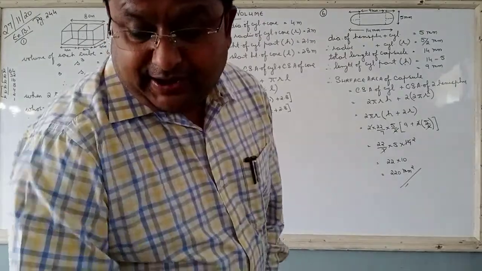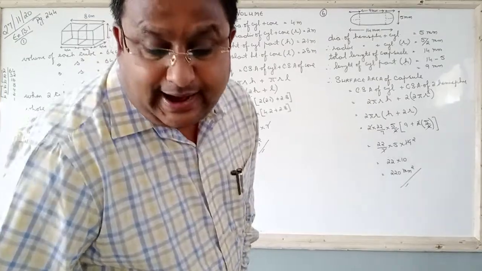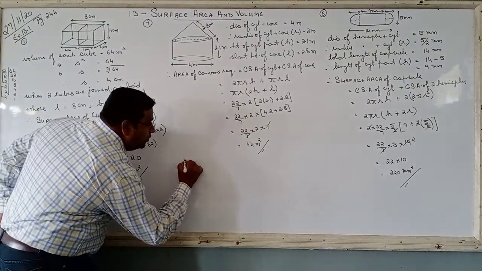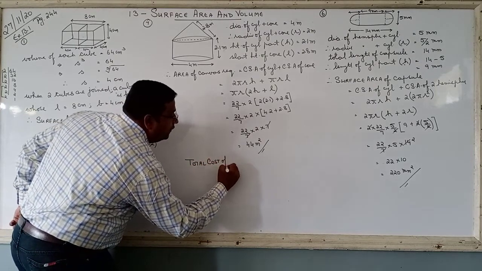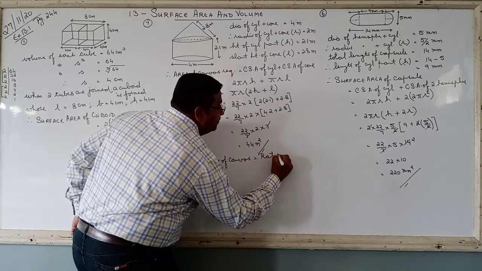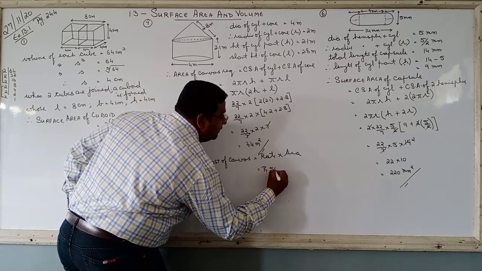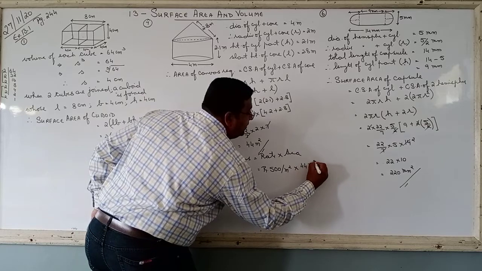Right? Then the second part is also there. He says also find the cost of canvas of the tent at the rate of 500 per meter square. So total cost of canvas is equals to rate multiplied by area. So rate is rupees 500 per meter square multiplied by area 44 meter square.